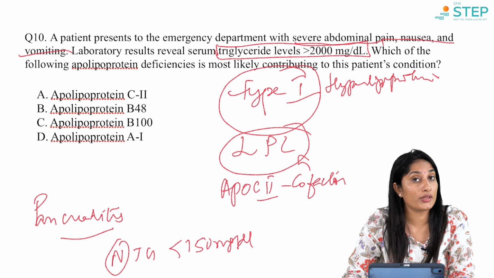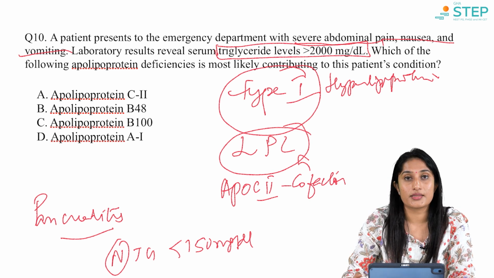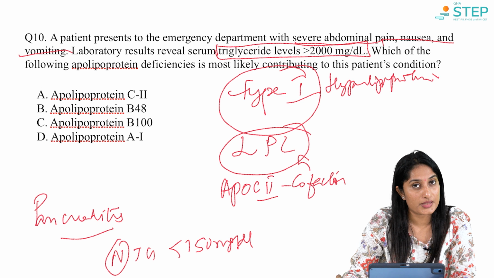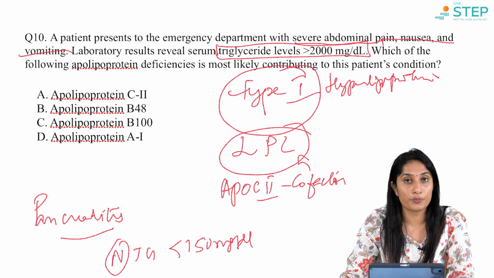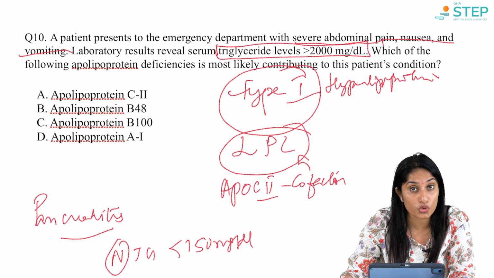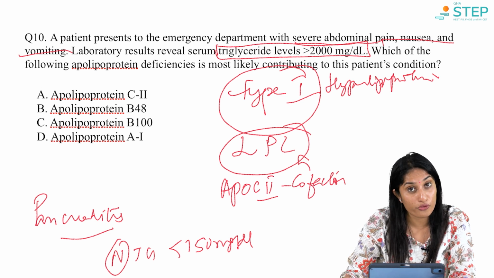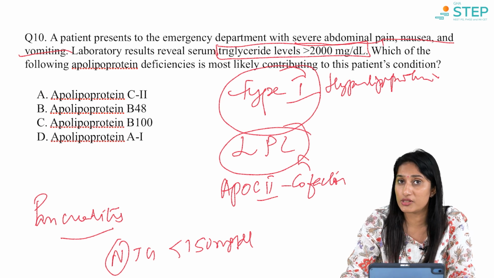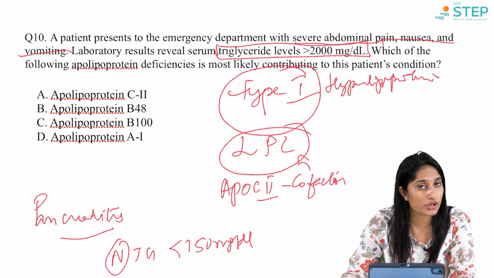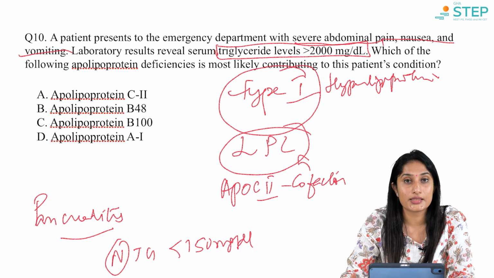So, type 1 can be seen in two things. One, directly when there is a lipoprotein lipase deficiency. Second, when the apoprotein, that is ApoC-II, is deficient. Why? Because ApoC-II is acting as a cofactor of this enzyme lipoprotein lipase. So, either the enzyme is deficient or the apoprotein is deficient, we can see type 1 hyperlipoproteinemia.